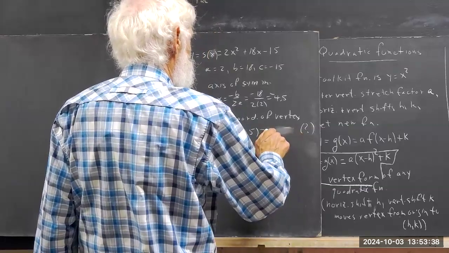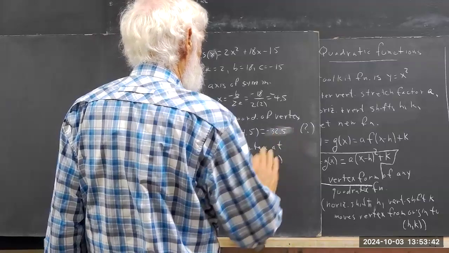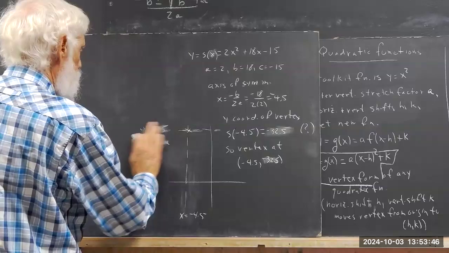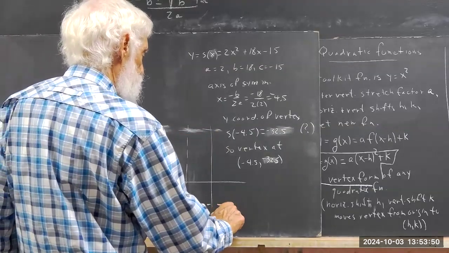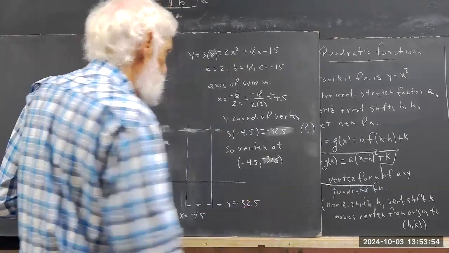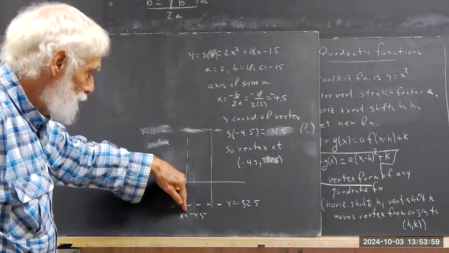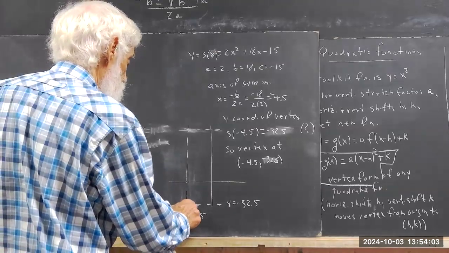That makes it negative 32.5. Okay. So I pretended to make a mistake. What I want you to see is this is what we get when we plug this x into the function. That gives the point on the graph. And there's our vertex.